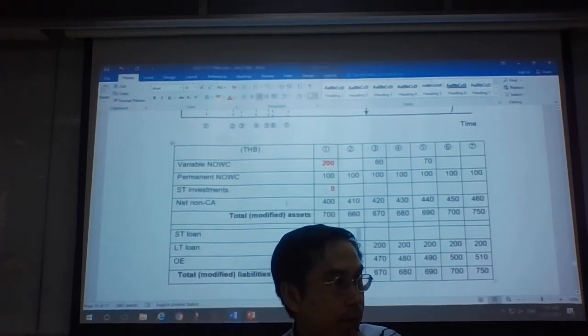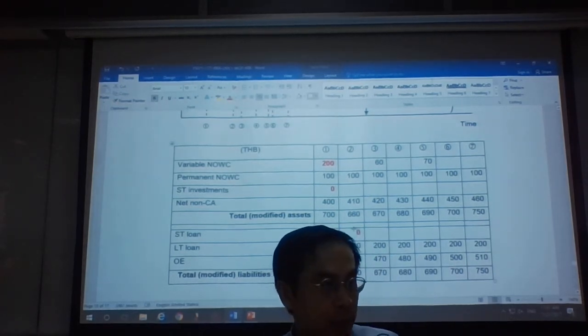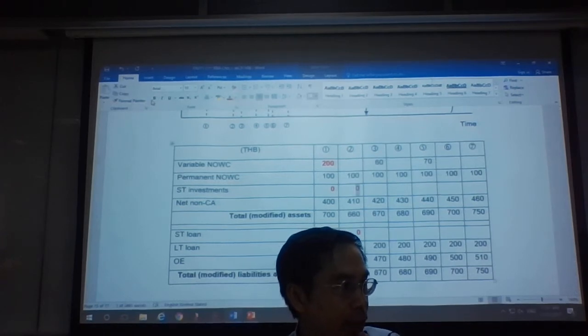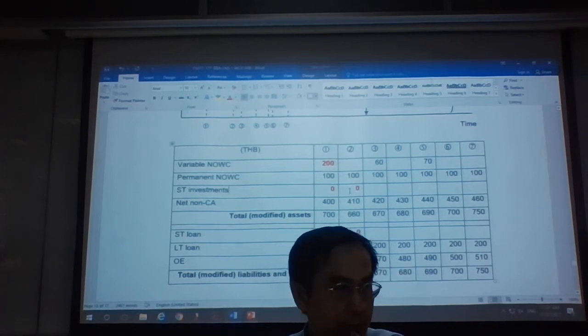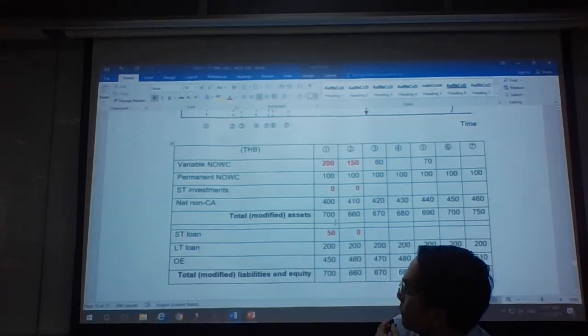You have repaid the short-term loan, so this one is equal to 0. And of course, you should know that at point 2, there's no excess cash, so marketable securities are equal to 0. The rest goes to variable net operating working capital, 150.